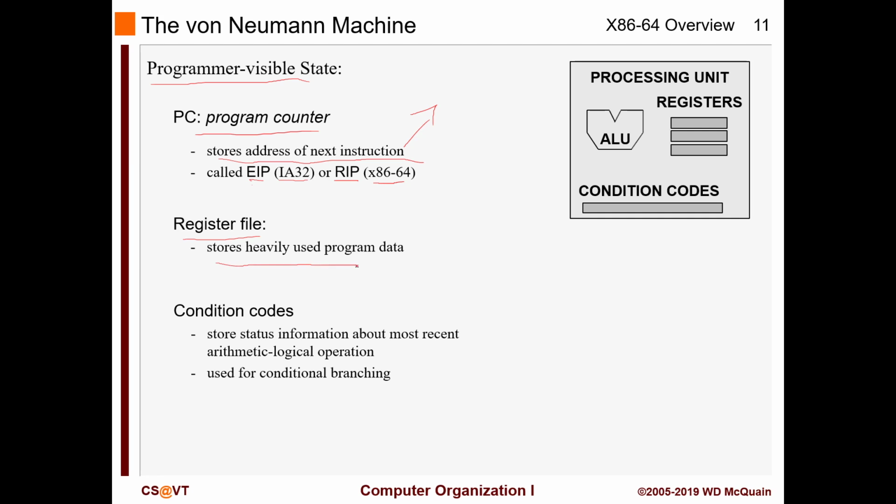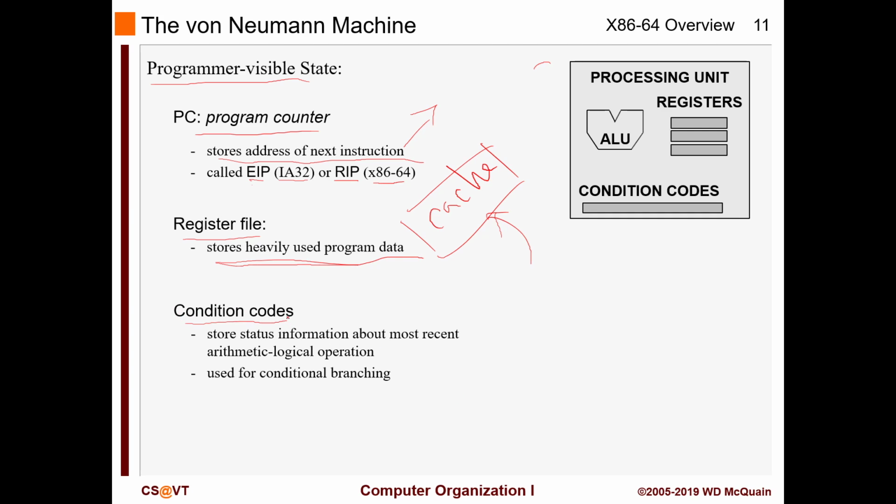This stores heavily used program data. Register files are basically like a cache. Whenever you're using one sort of memory too much, it's stored in the cache so it can keep using it again and again, so it lowers the overhead.